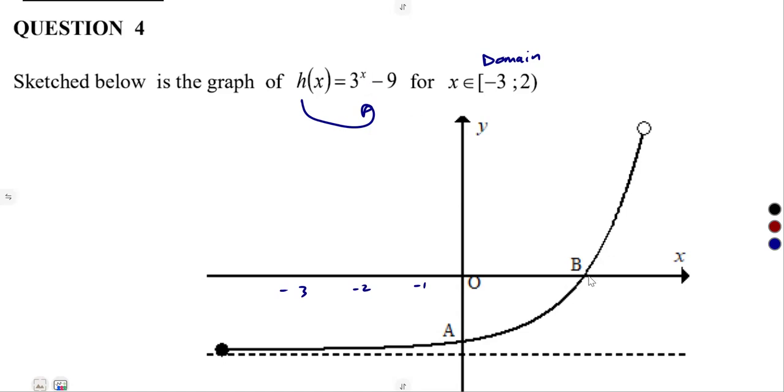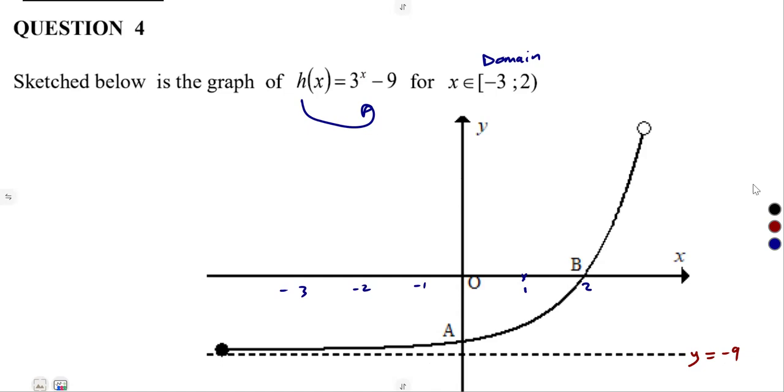And we understand that we have a -9 as our asymptote, meaning our graph is limited to -9 for the y value that we are given.